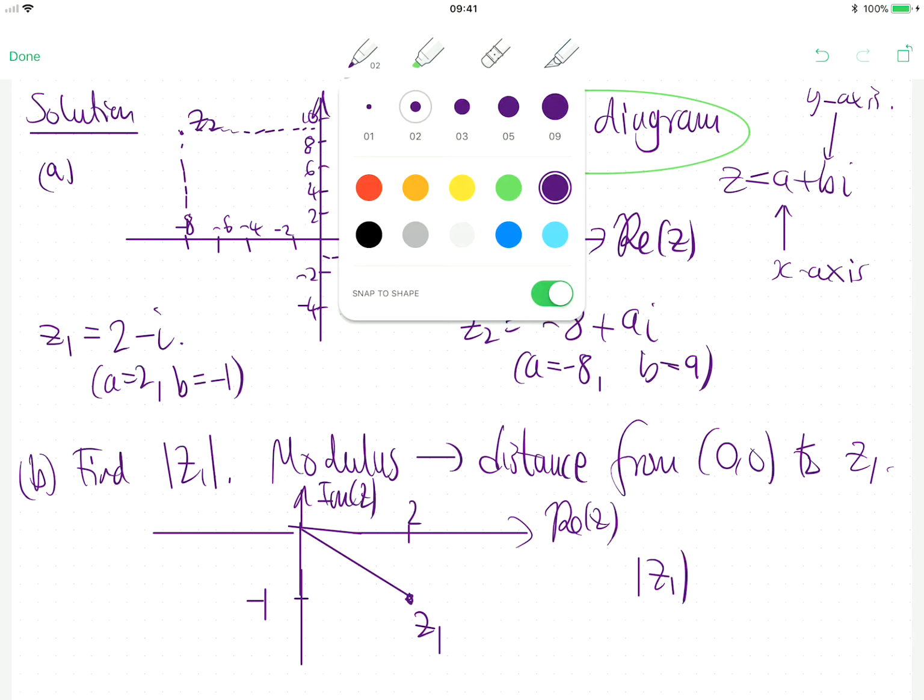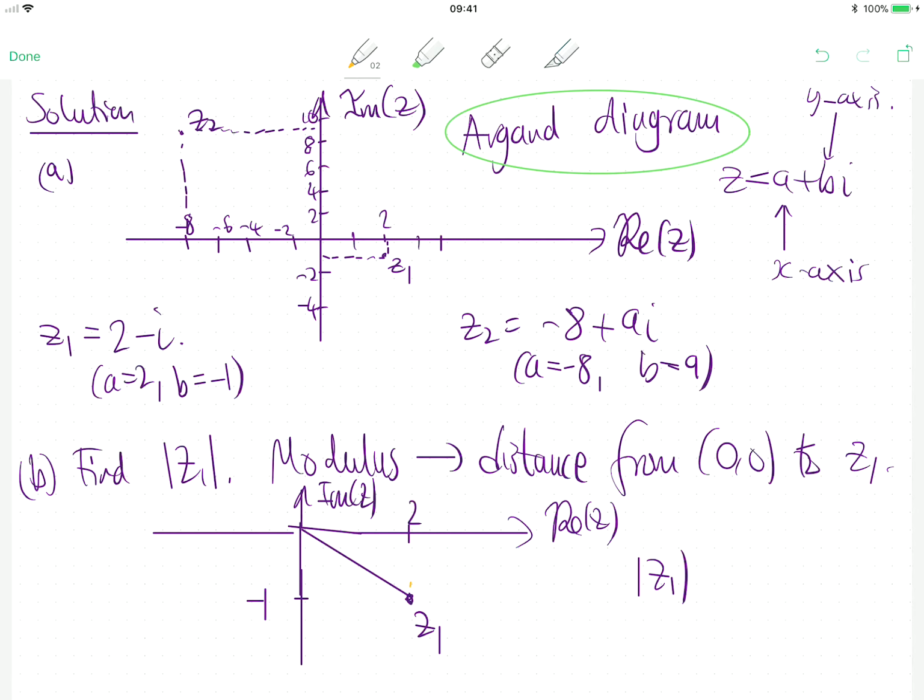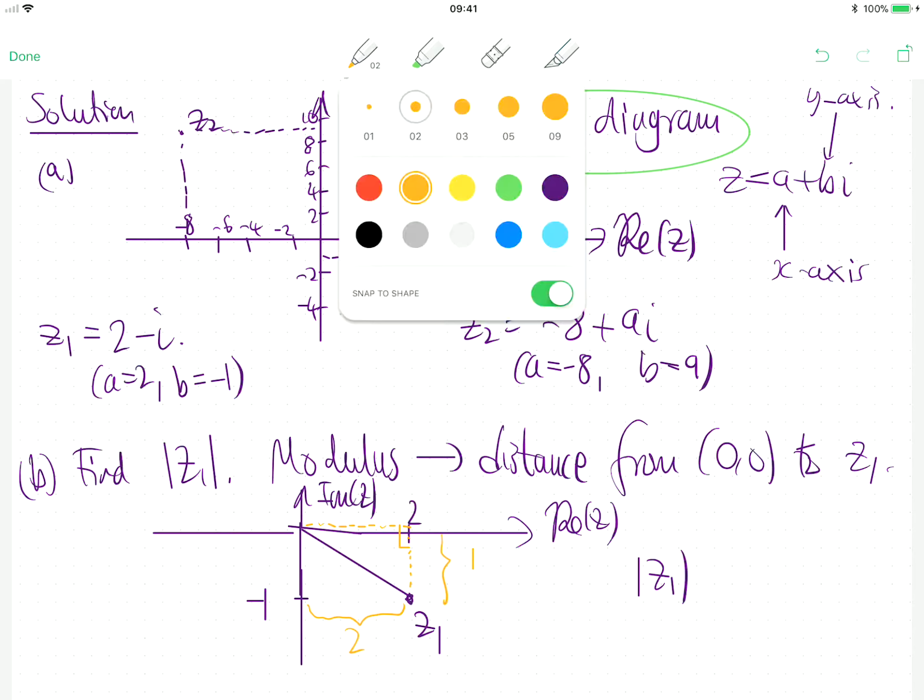And the method that we always use for these is Pythagoras. We always have a right angle triangle. In our case, this distance is 1. The negative just means go down. And this distance is 2. Positive, just go from left to right.